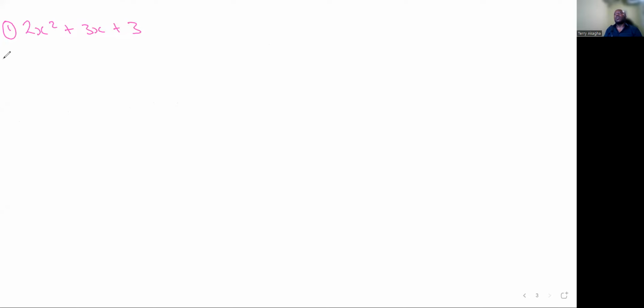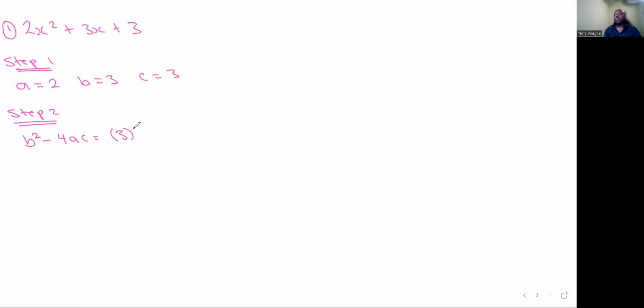As usual, step 1: A is equal to 2, B is equal to 3, and C is equal to 3. Step 2, we put it into the formula, B squared minus 4AC.